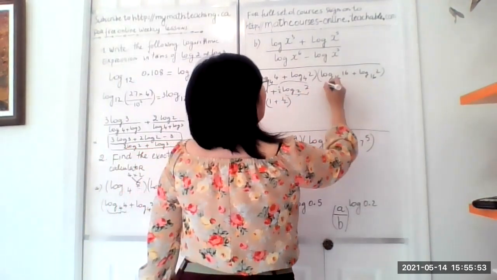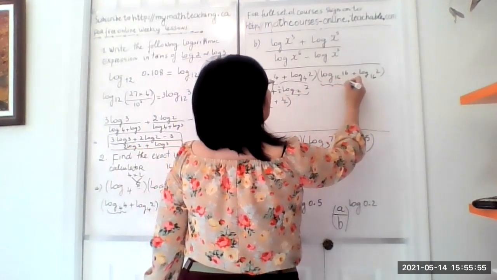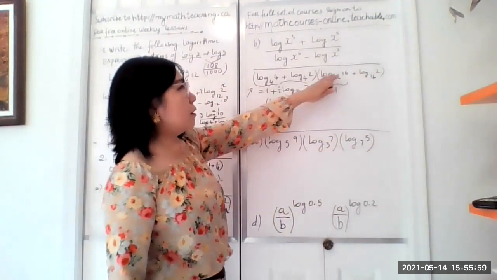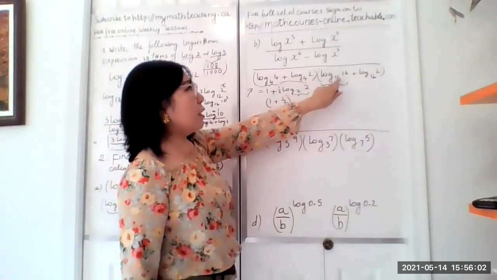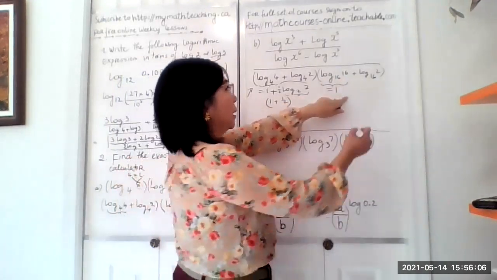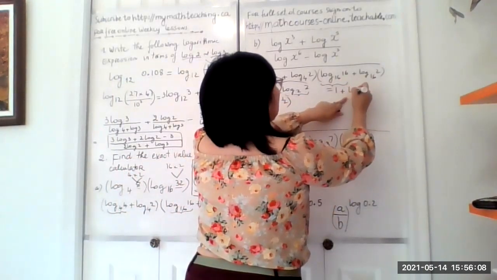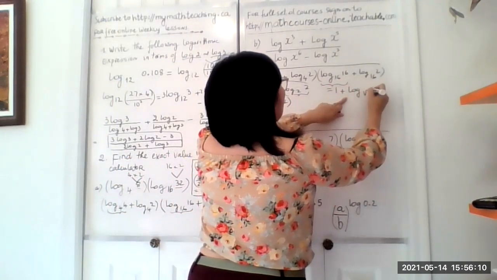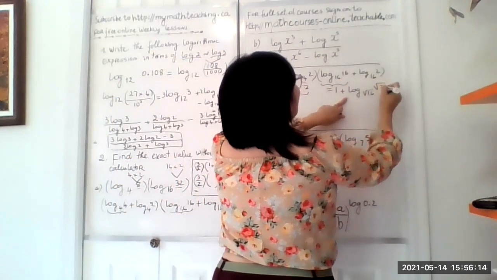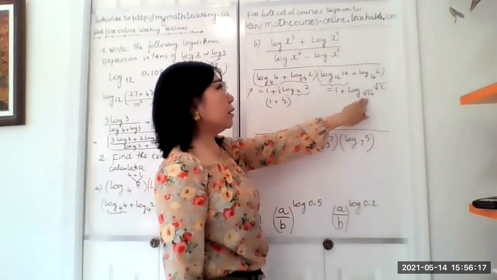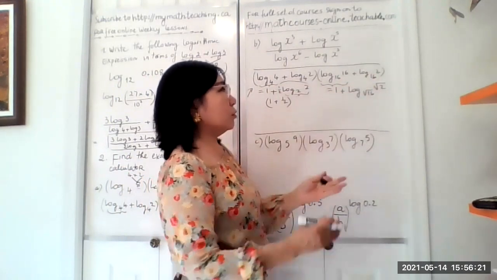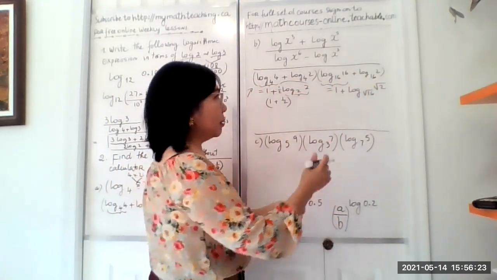Now let's do this one. For the second bracket, we know this also equals 1 because 16 to the power 1 equals 16. So as long as this base and this number are the same, the answer is just 1, right? Now for this one, we have to do log of square root of 16. And it also has to be square root of 2 because as long as we take the square root of this base, then we have to take the square root of this number to have it balance out, right?